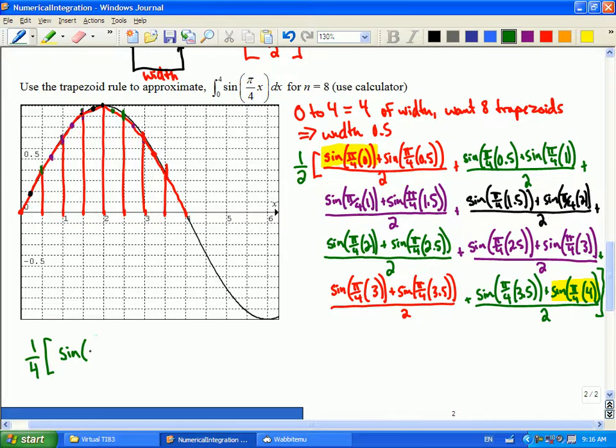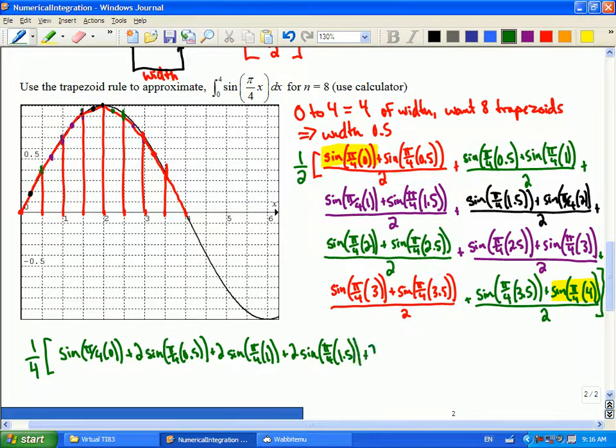Then I've just got sine of pi over 4 times 0. Then I'll have 2 at the next point. Sine of pi over 4 at 0.5. 2 at the sine of pi over 4 times 1. Then 2 at pi over 4 times 1.5. And then we have 2 more here.